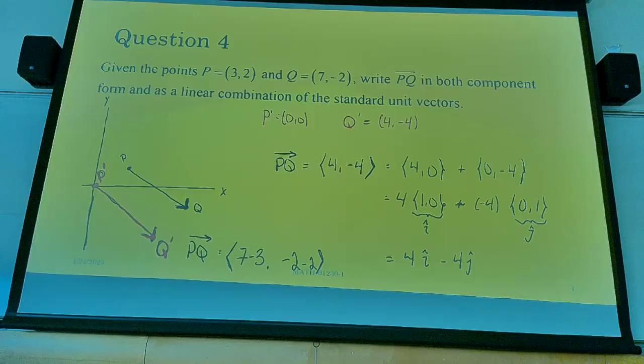So you get 4i minus 4j. And if you're given it in that form and you want it in component form algebraically, it's the same process, you just go backwards.